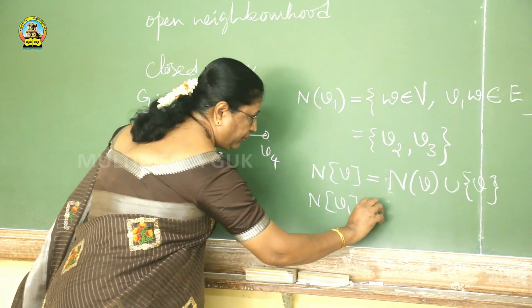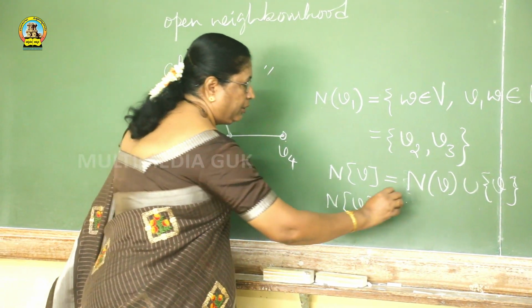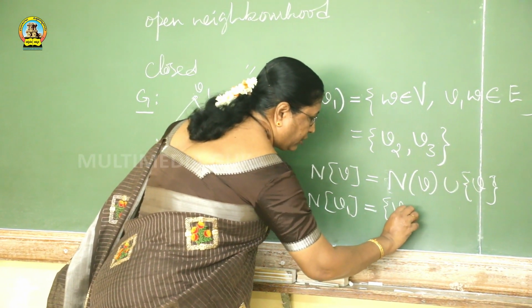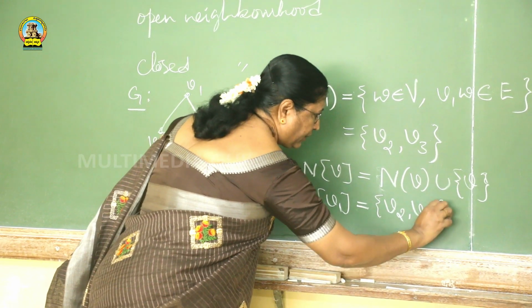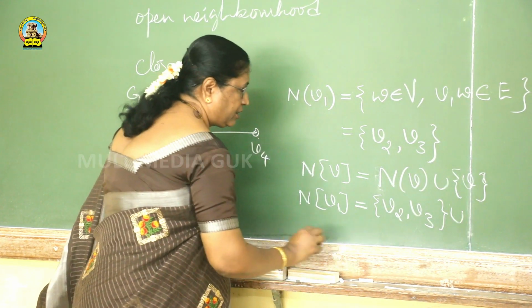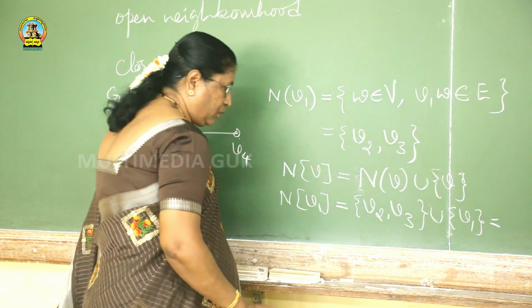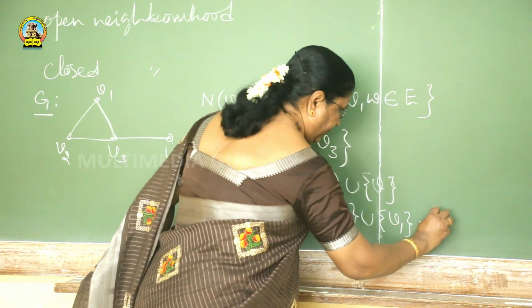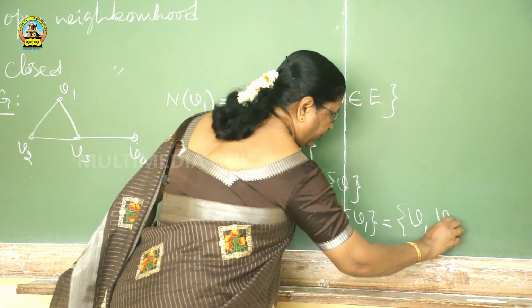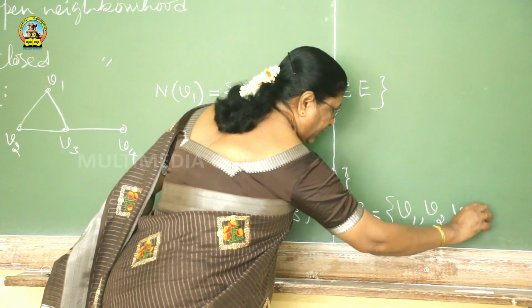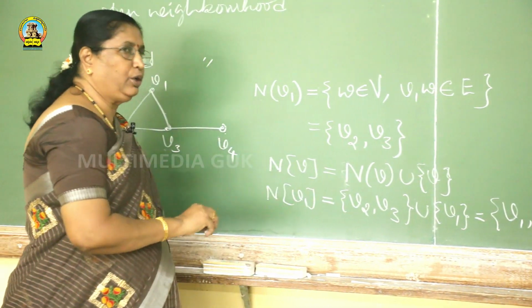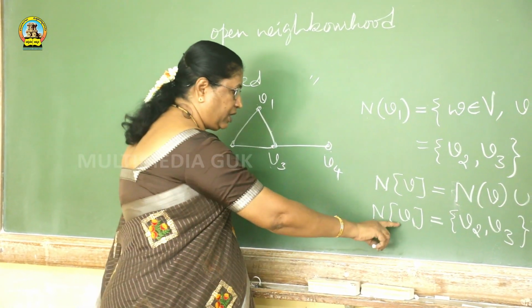It is the open neighborhood V2, V3, union the vertex V1. So the closed neighborhood is the set containing V1, V2, V3, inclusive of that corresponding vertex.